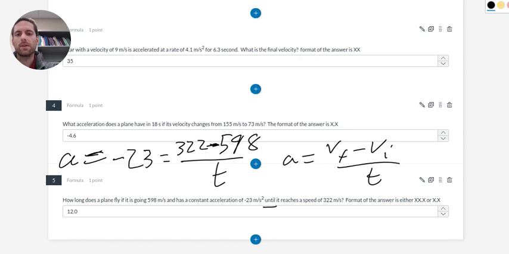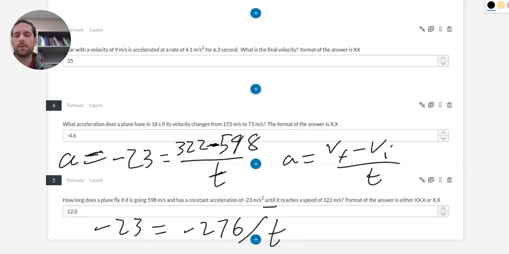And from here, we can simplify this. 322 minus 598, negative 276 over time. And I'm going to switch the time in this, because that will make it simple, or I'll multiply both sides by t and divide both sides by negative 23, but it's the same thing.